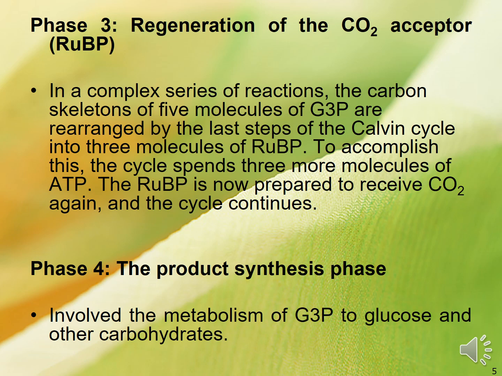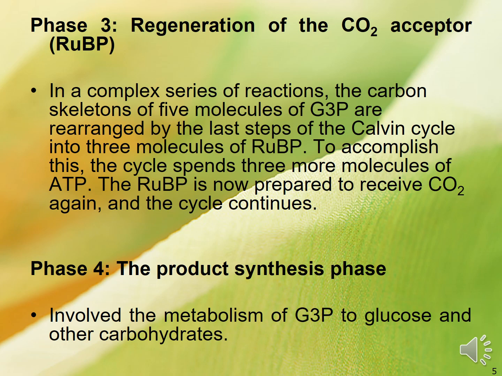This is where that one G3P, from the 6 molecules of G3P, will be used to synthesize glucose and other carbohydrates. It means they can produce not only glucose but other sugars as well. Okay, so that's all for the phases in the Calvin cycle.